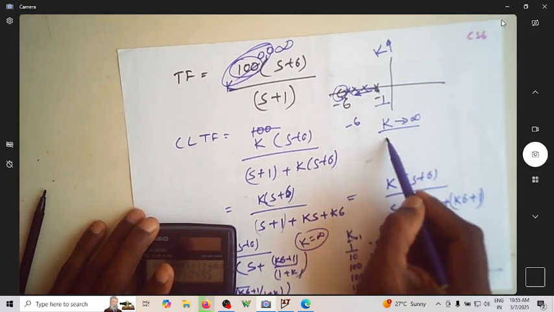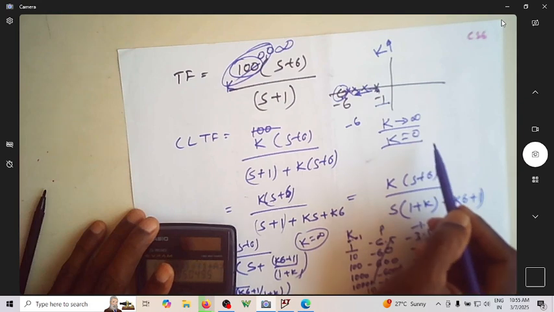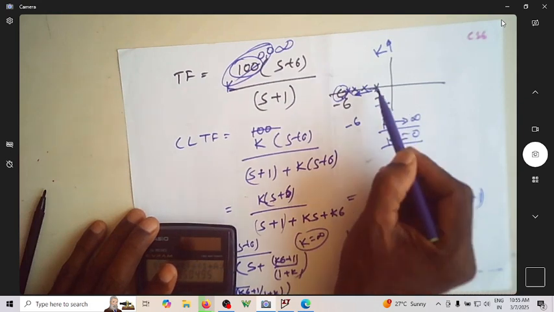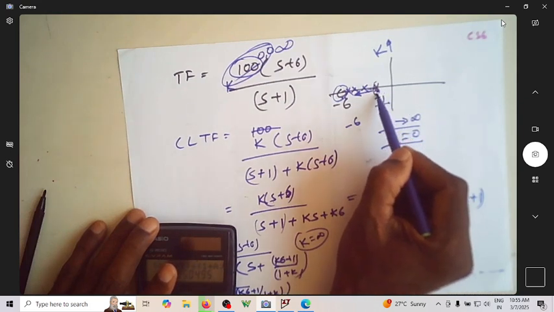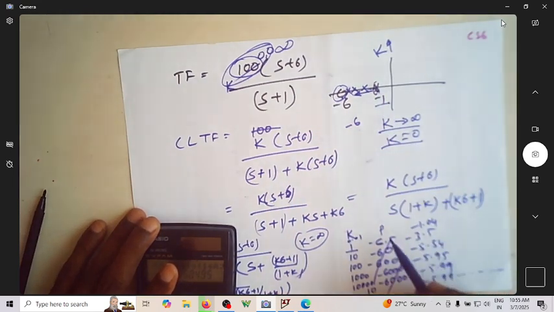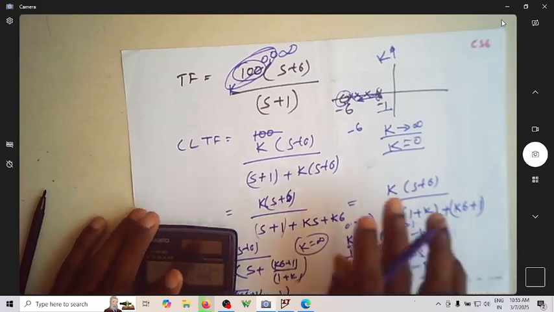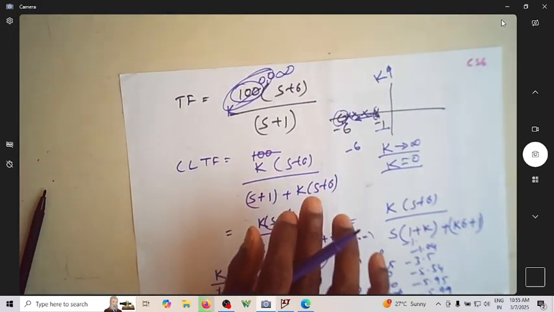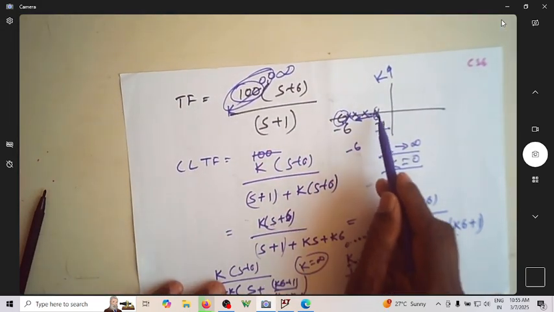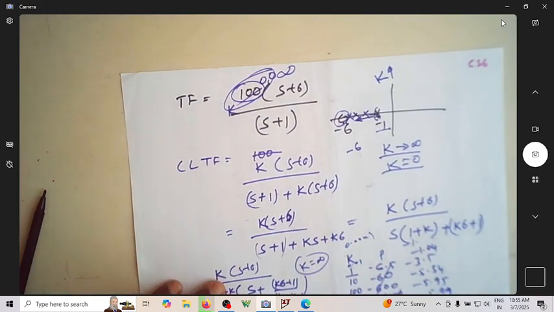If the value of k is 0, where are the closed loop poles? The closed loop poles will be sitting in the open loop pole position only. When k is equal to 0.01, it was here; suppose the value of k is 0.00001, it will be at almost minus 1.000. The whole summary of this is the movement of the open loop pole upon closure of the loop.